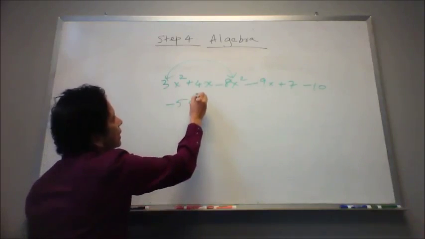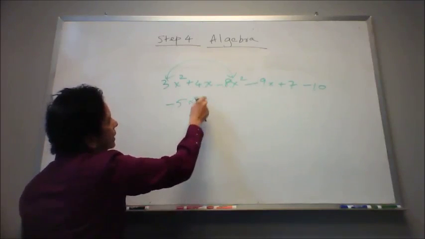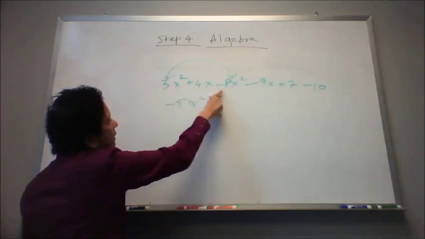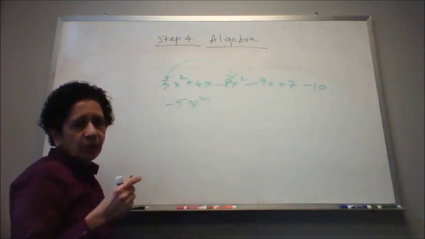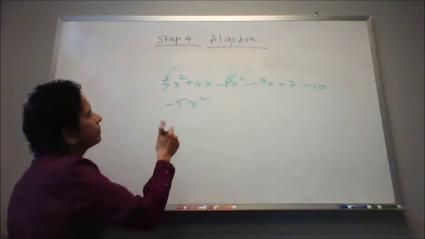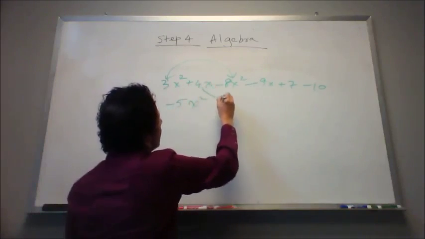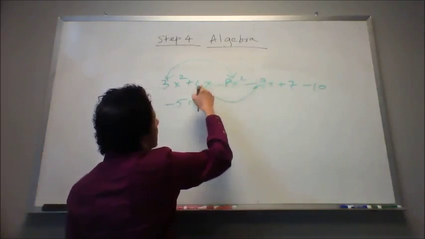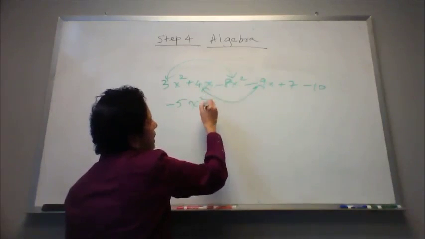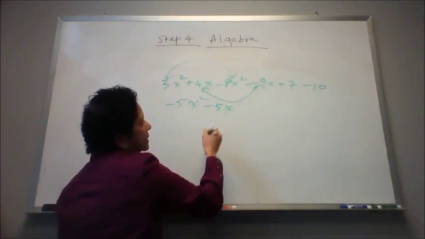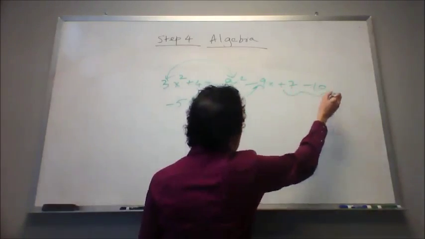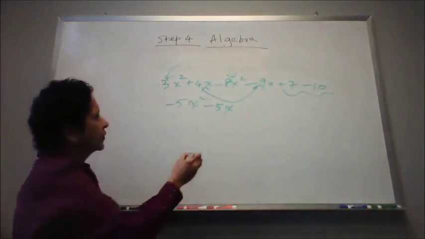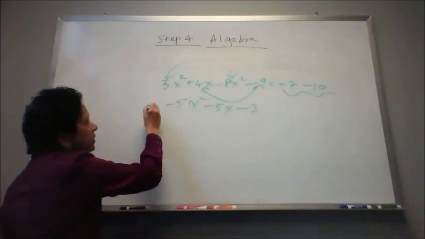And then x squared. All you have to do is add or subtract the two coefficients. And then you've got 4x and minus 9x. Again, 4 minus 9, so that's minus 5, and then x. And then 7 minus 10 is minus 3. So that's the answer.